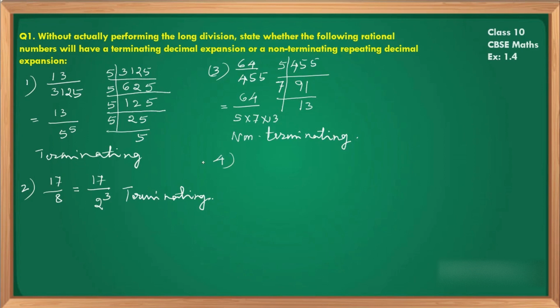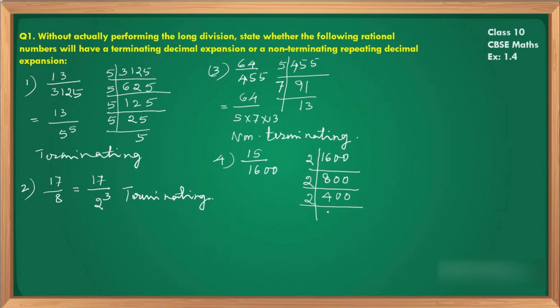Now go for the fourth question. Fourth question is 15 by 1600. Now let us factorize 1600. Let us divide 1600 by 2. 2 eights are 16, 2 zeros. Again by 2, 2 fours are 8 and 2 zeros.